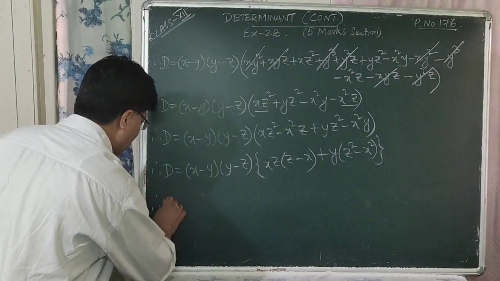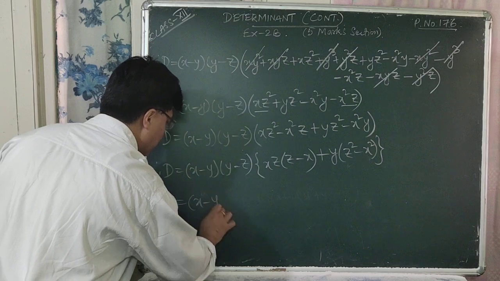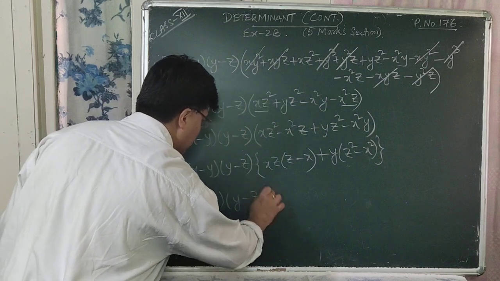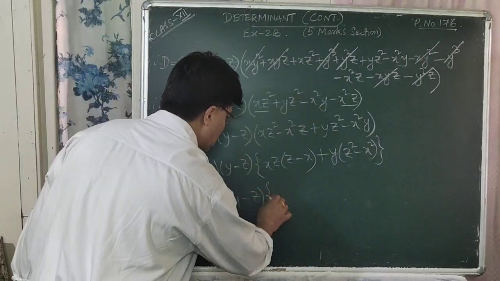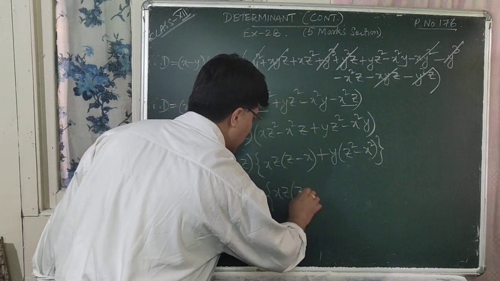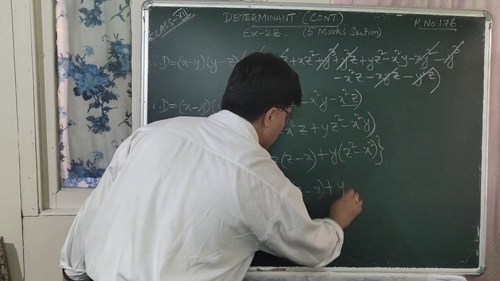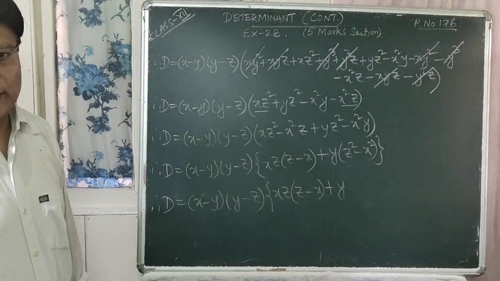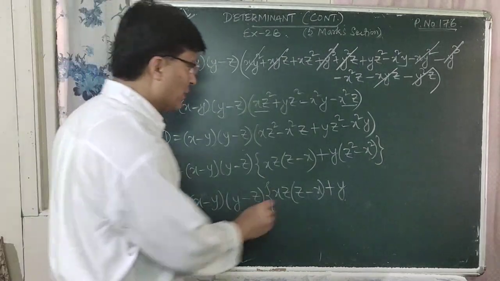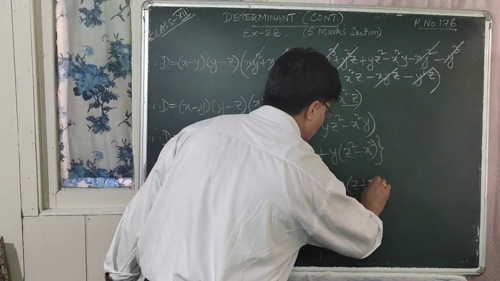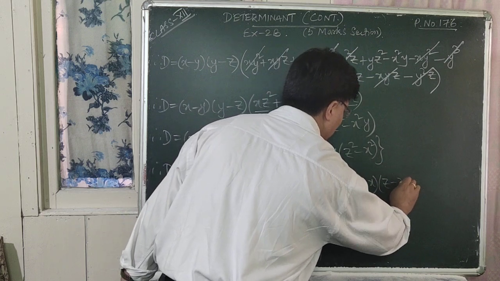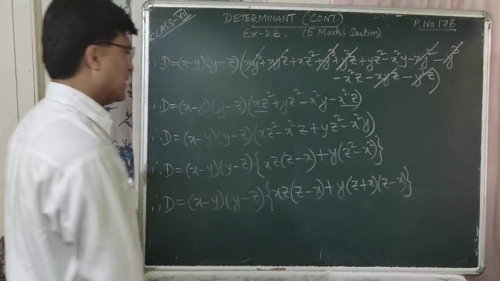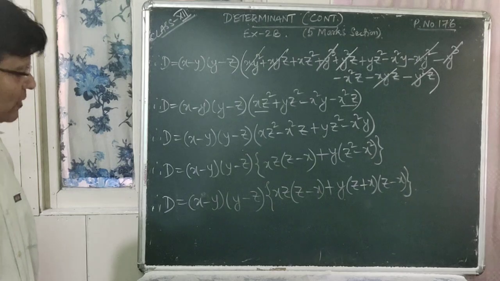So D is equal to (x minus y)(y minus z), xz within bracket (z minus x) plus y. What is z square minus x square? That is (z plus x)(z minus x).